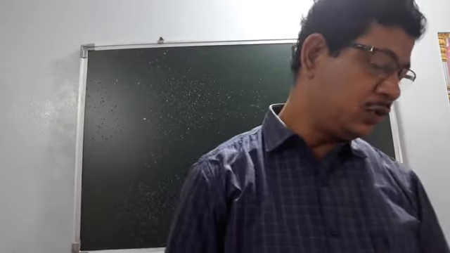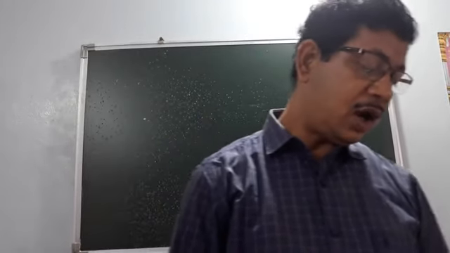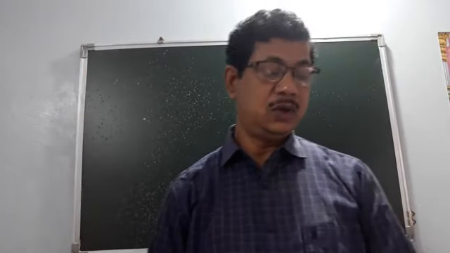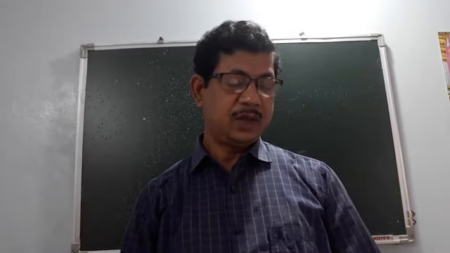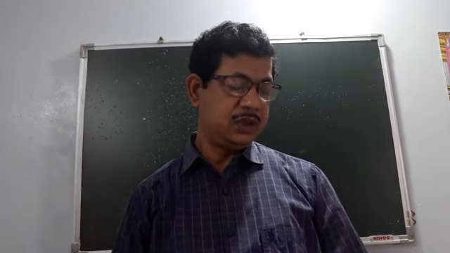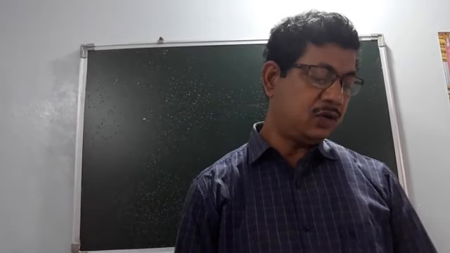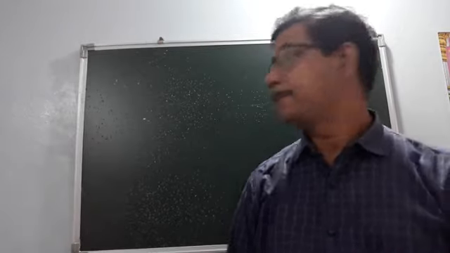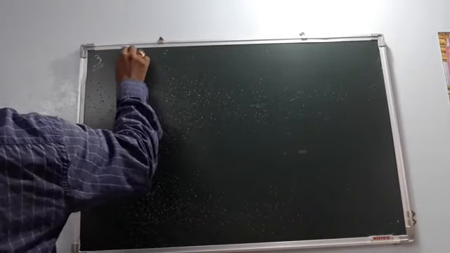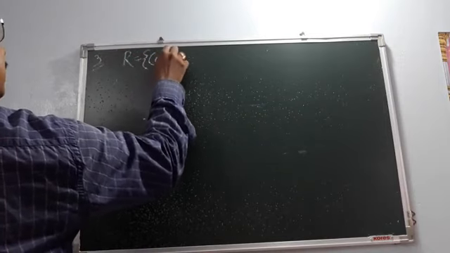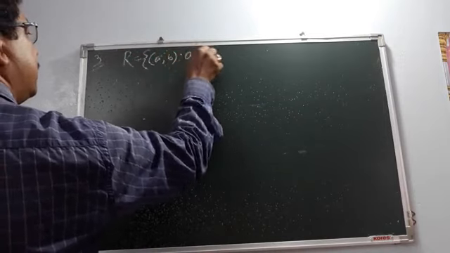Question number 4: Show that the relation R in the set of real numbers defined as R equals (a, b) such that a is less than or equal to b is reflexive and transitive but not symmetric. Here R is the set of real numbers and the relation R is (a, b) such that a is less than or equal to b.